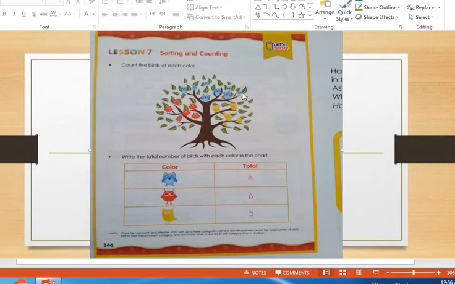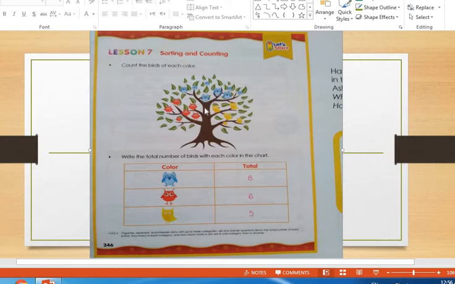So I have 8 blue birds. Then how many yellow birds do I have here? 1, 2, 3, 4, and 5. So I have 5 yellow birds, 6 red birds, and 8 blue birds.